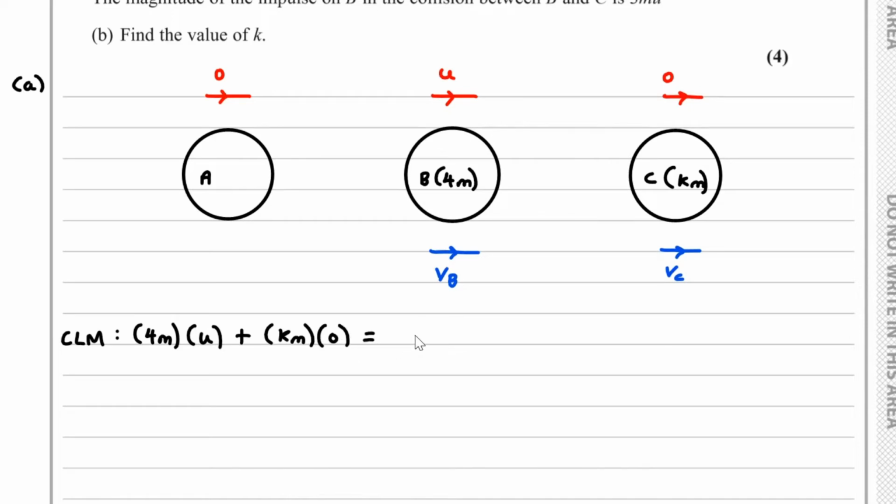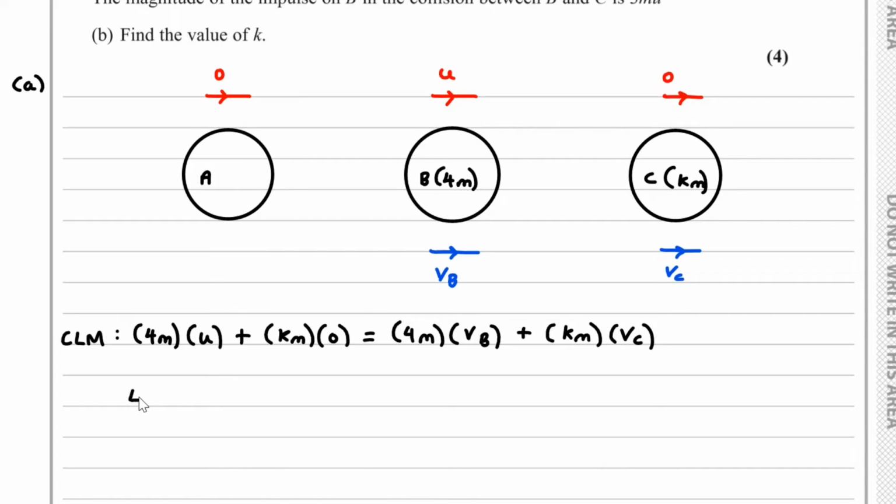This is equal to 4m times vB plus km multiplied by vC.